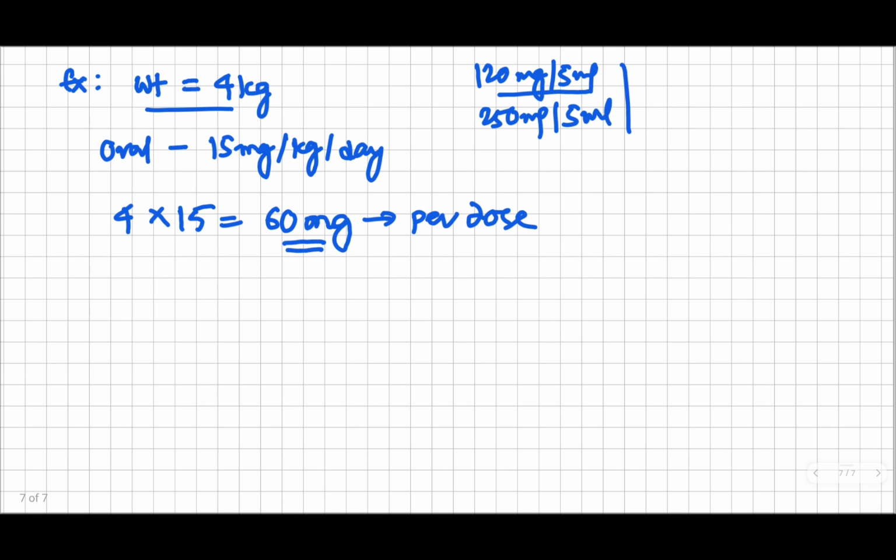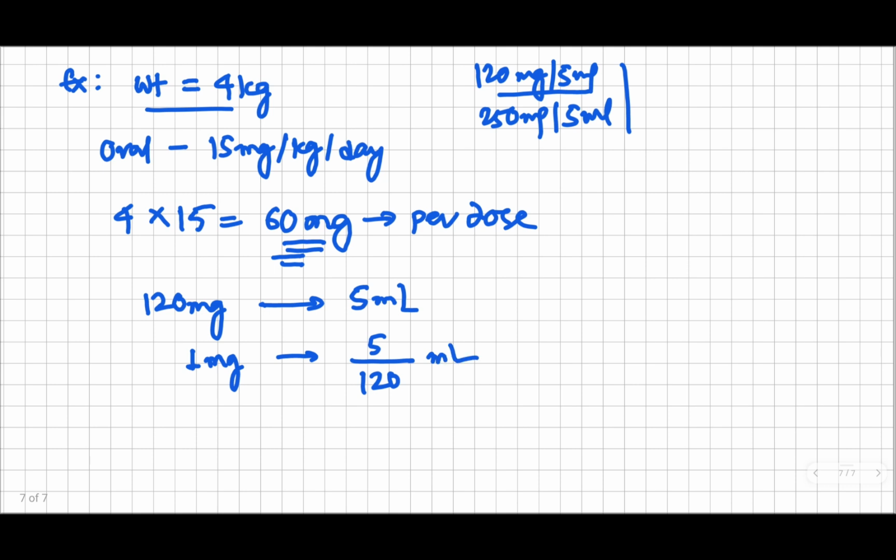Here we need 60 mg. So we know that 120 mg is present in 5 ml. So 1 mg we can calculate by simple mathematics. For 1 mg it is 5 by 120 ml.